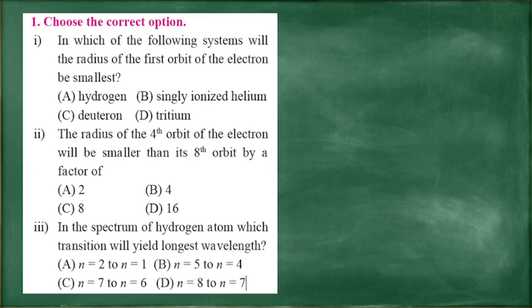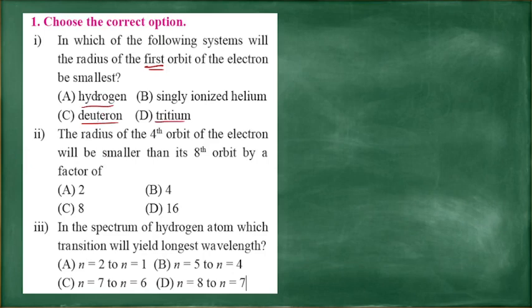Choose the correct option. The first MCQ is, in which of the following systems will the radius of first orbit of the electron be smallest? And the atoms are given. A. Hydrogen, B. Singly ionized helium, deuterium, tritium. So these are similar to hydrogen.